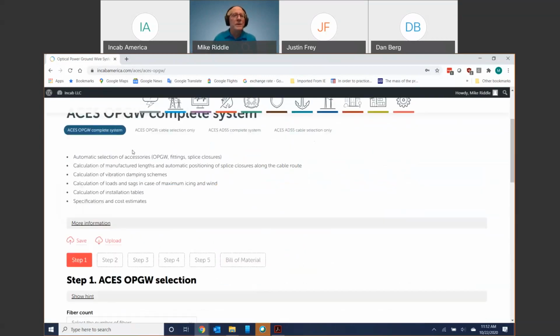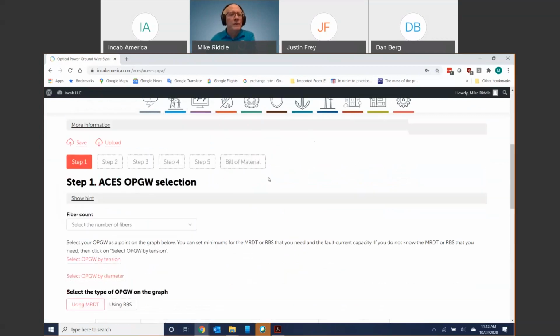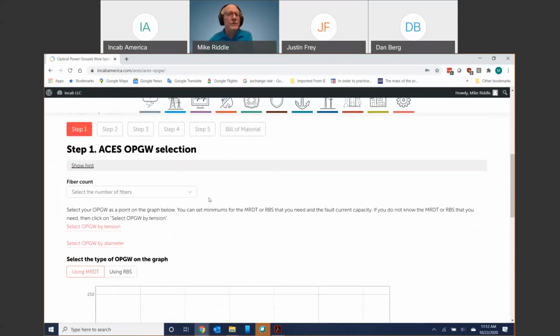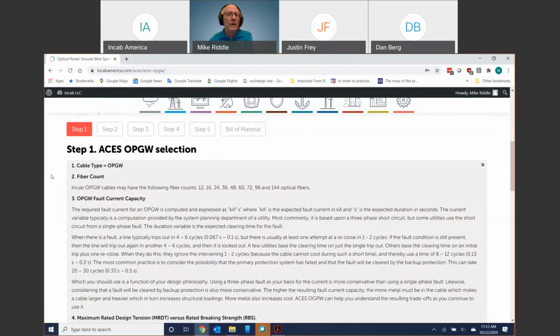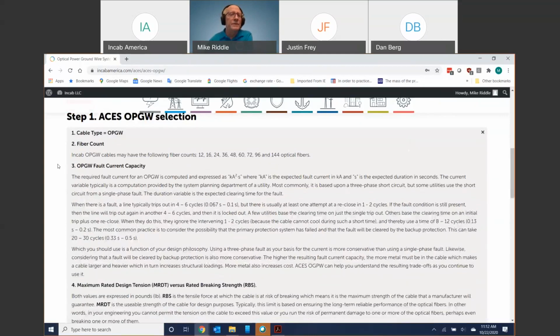ACES OPGW complete system. So step one for OPGW, and by the way, it's to select your fiber count, and I don't want to miss talking about the hints that are there. There's information built into the hints, what's what.